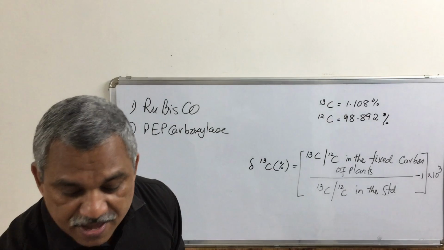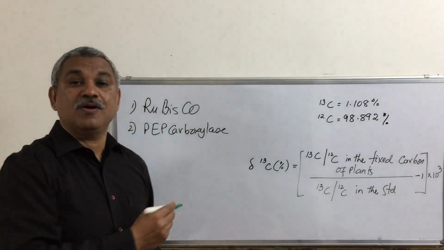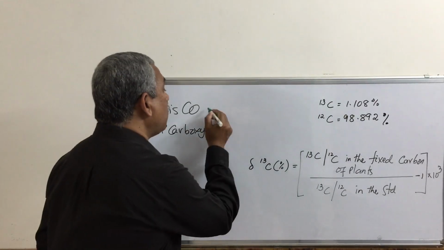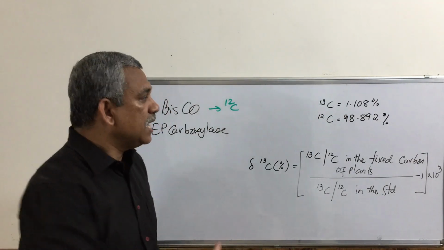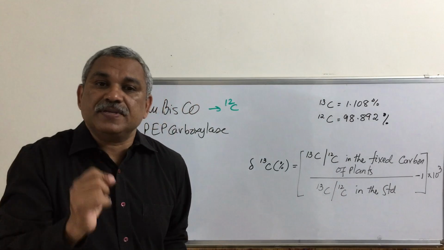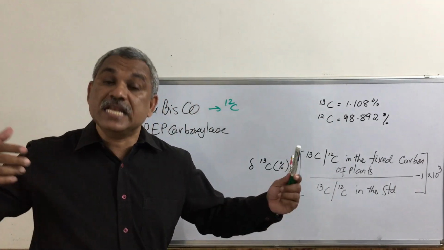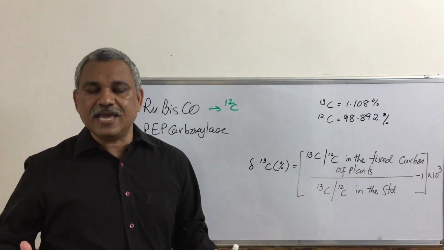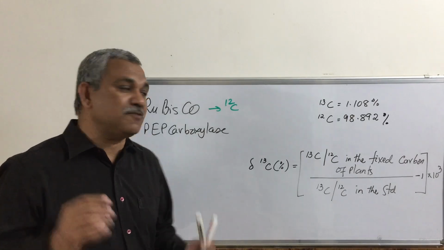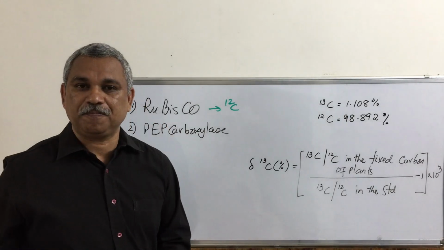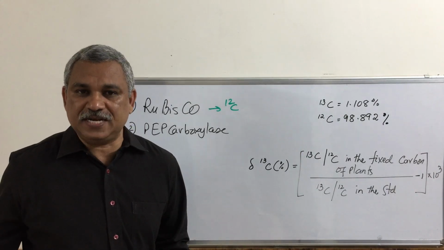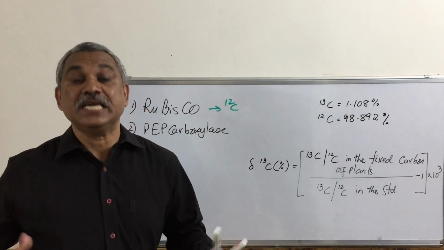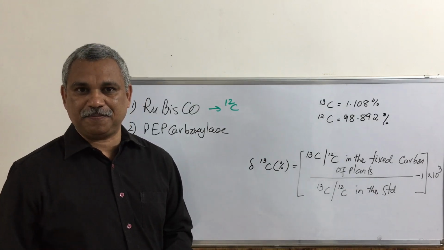What is interesting is that rubisco has a preference for C12, which means C13 isotope is least likely to be in the carbon dioxide fixed by rubisco, whereas PEP carboxylase has no preference. Depending on the availability, it will fix carbon dioxide.